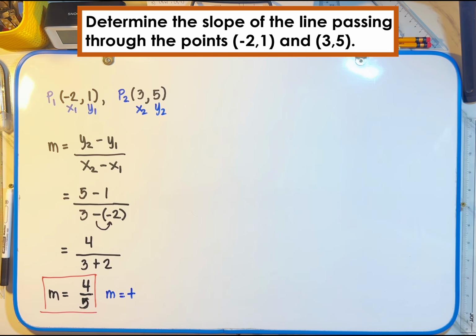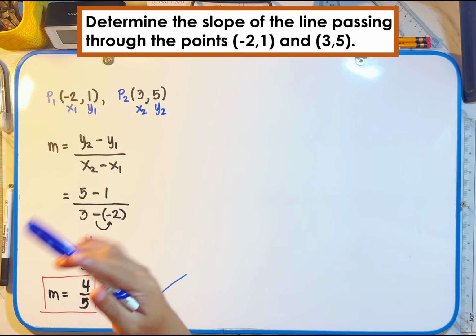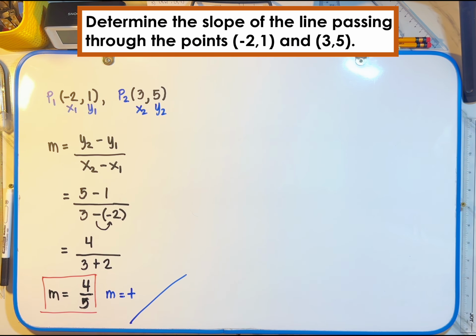And what can we say about the line that has a positive slope? The line goes up from left to right. So how sure are we that the line that passes through the 2 points is going up from left to right? Well, let's check. So let's try to graph.